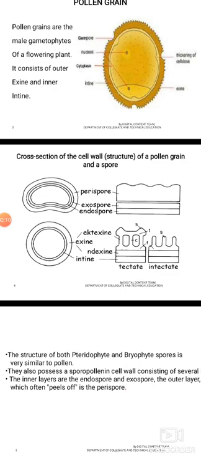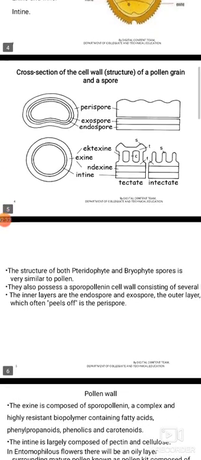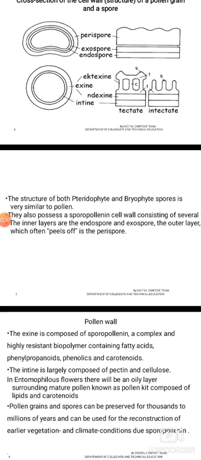The outer layer, that is exine, possesses sporopollenin. The inner layers are the endospore and exospore. The outer layer, which often peels off, is the perispore. Pollen wall.